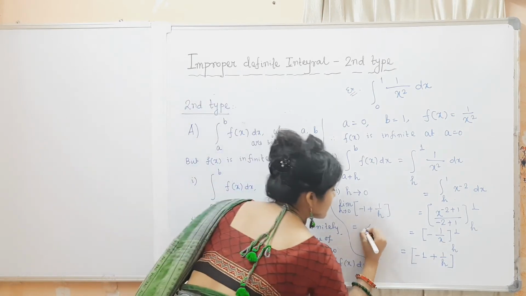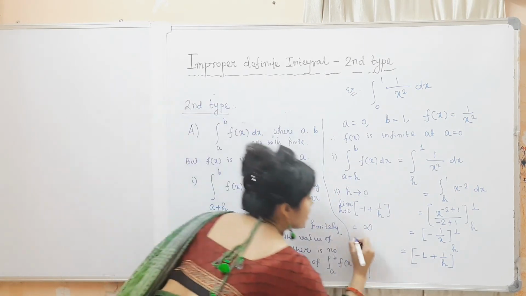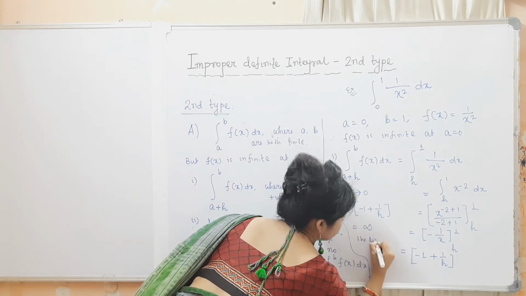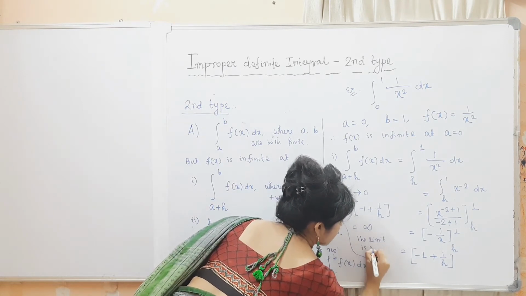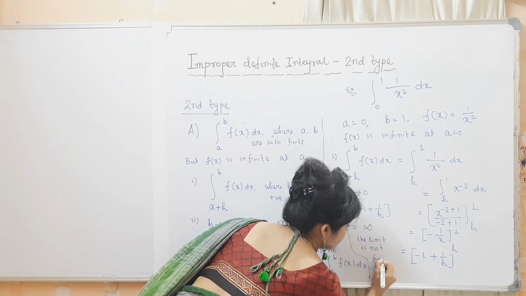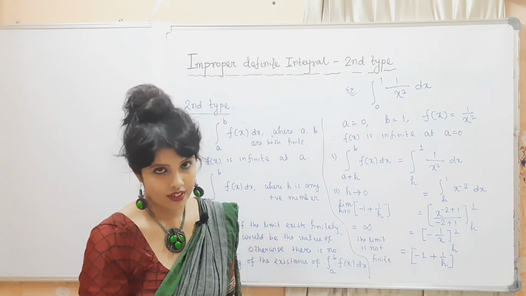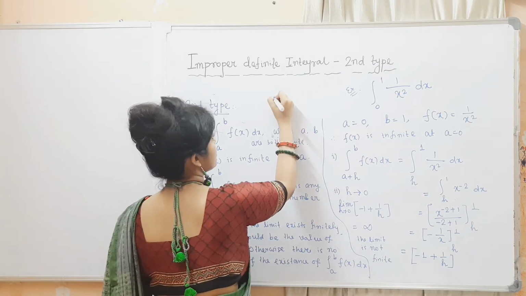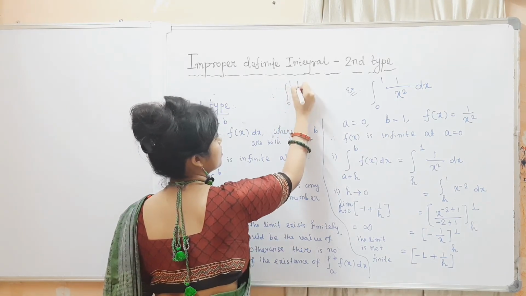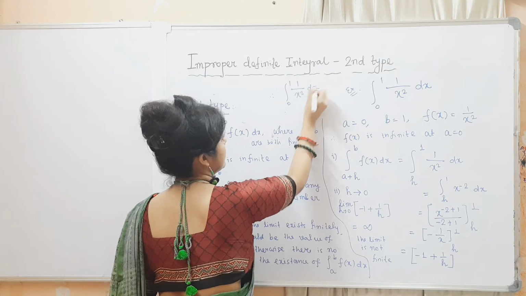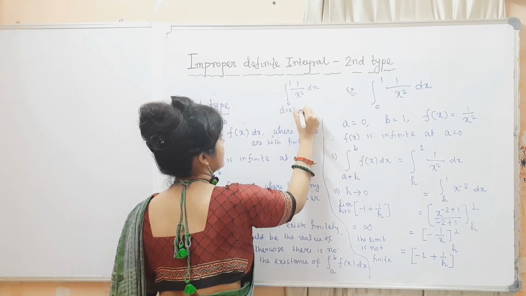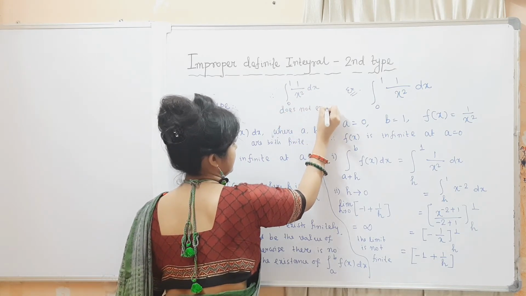So this limit is not finite. So therefore this limit does not have any finite value. So this shows that the integration from 0 to 1 of 1 by x square dx does not exist.